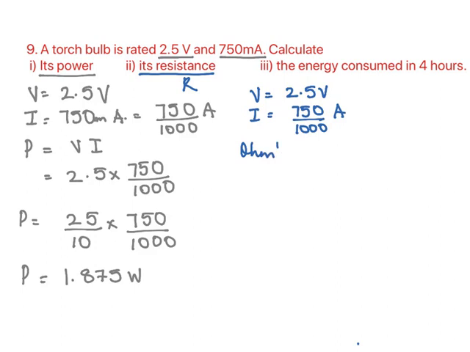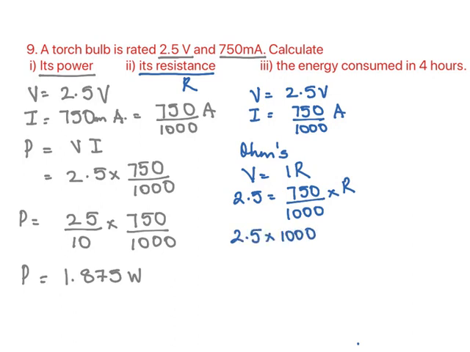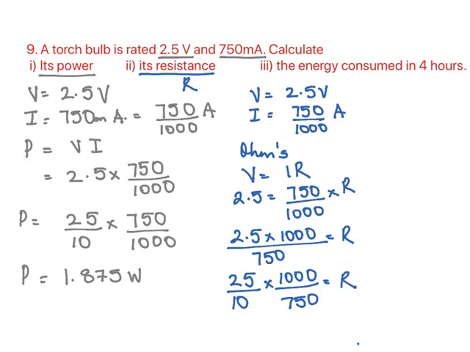By Ohm's law, V equals I R. V is 2.5, I is 750 over 1000 into R. So 2.5 into 1000 over 750 equals R. Removing the decimal, 25 over 10 into 1000 over 750, and you get 3.33 ohms.